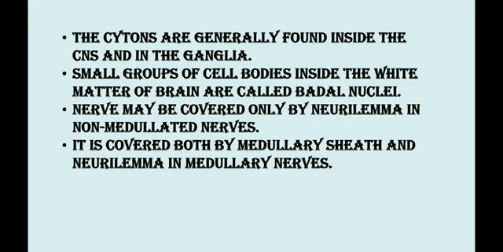So they are important. A nerve may be covered only by neurolemma in a non-medullated nerve fiber, and it is covered with both medullary sheath and neurolemma in medullated nerve fibers. So we can say that nerve fibers can be of two types. One is medullated nerve fiber and the second one is non-medullated nerve fiber.